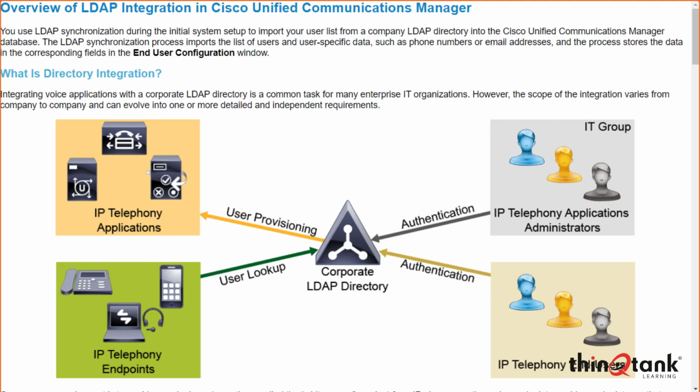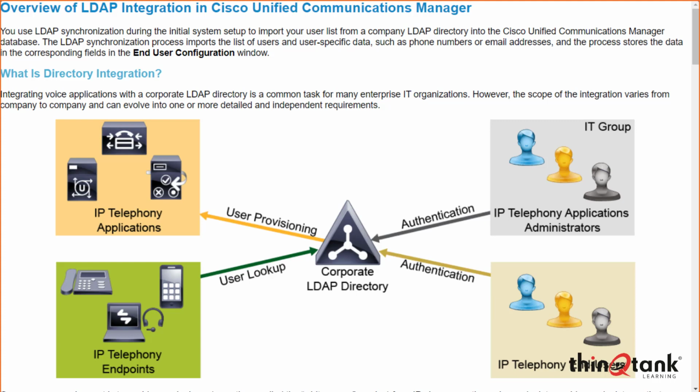DN is distinguished name. CN is basically the relative distinguished name. DC is a domain component. So you would see DC in reference to something like Cisco.com, for example, or thinktanklearning.com or whatever.